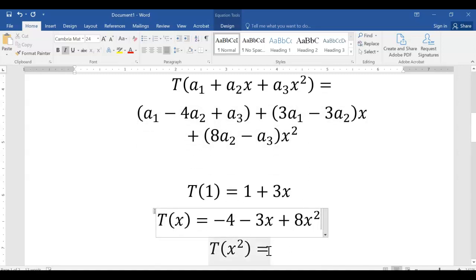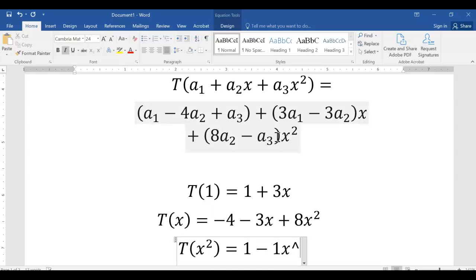And then when I plug in the x squared, that's a 0 for A1, a 0 for A2, and a 1 for A3. So I get 1. There's no coefficient for x. And I'm going to get negative 1x squared. So there you go.